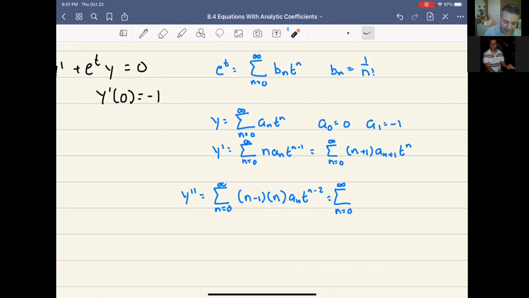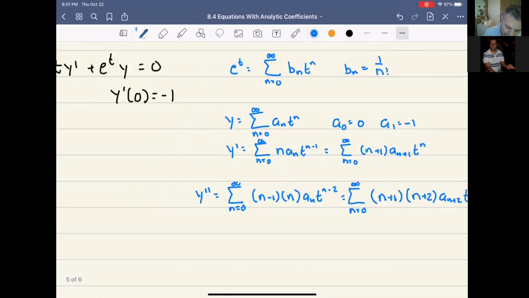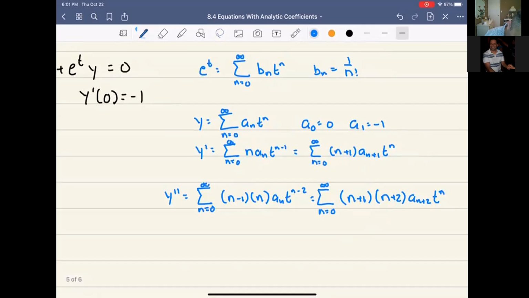I need that, so I'm going to have n plus 1, n plus 2, a sub n plus 2 t to the n. Let me highlight the terms I'm going to use.